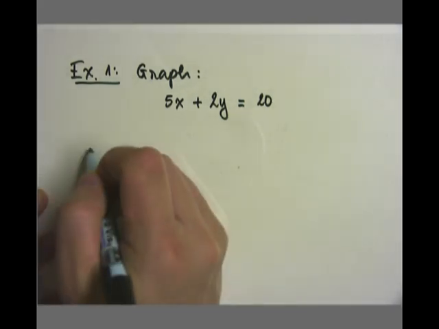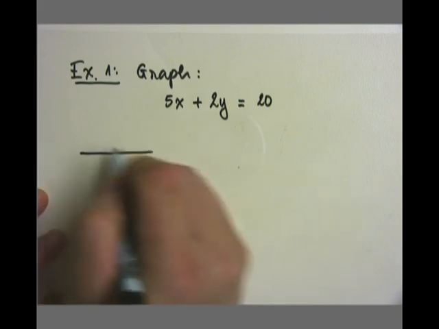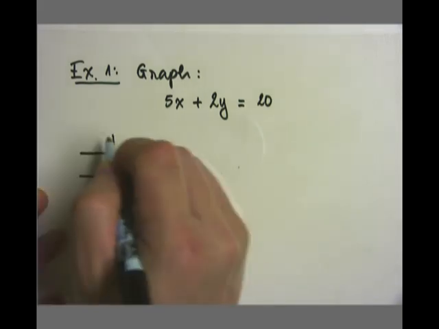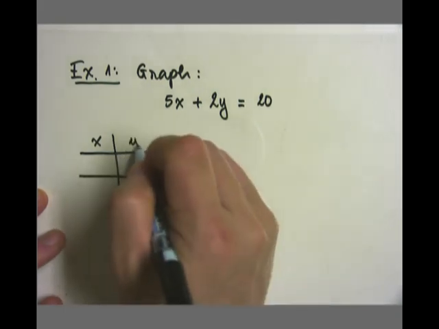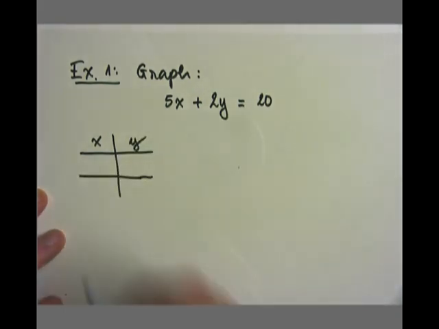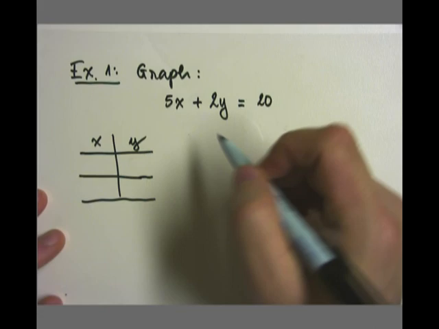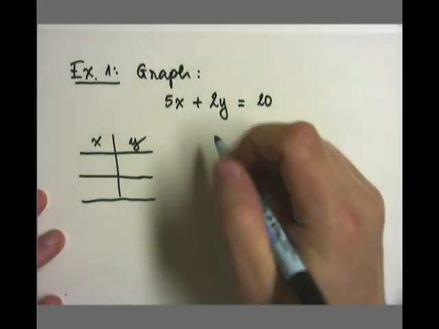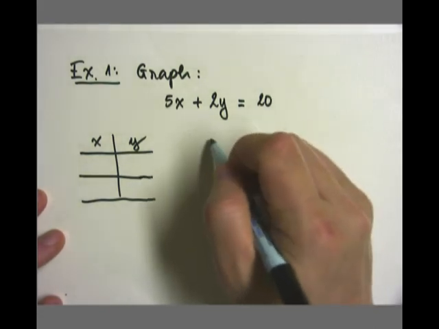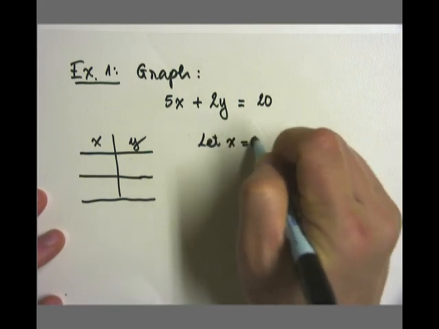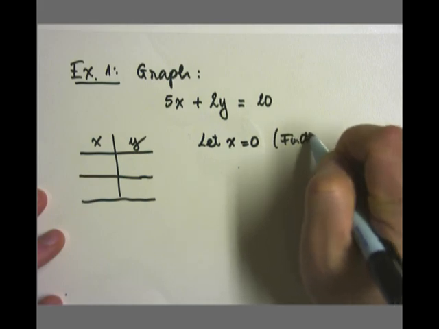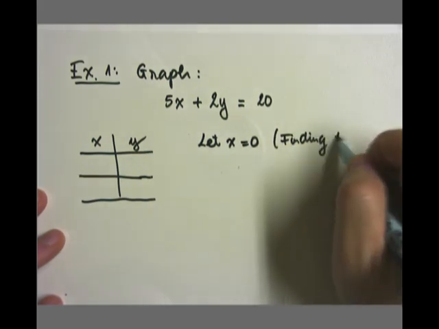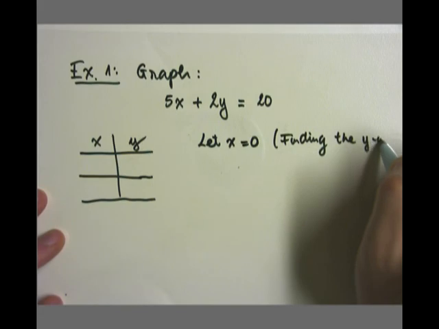So to graph this, construct for yourself a quick small table. One column on the left is for the x variable, and one column on the right-hand side is for the y variable. And so to find the intercepts, first of all, I'm going to let x be equal to 0. Here we're trying to find the y-intercept.